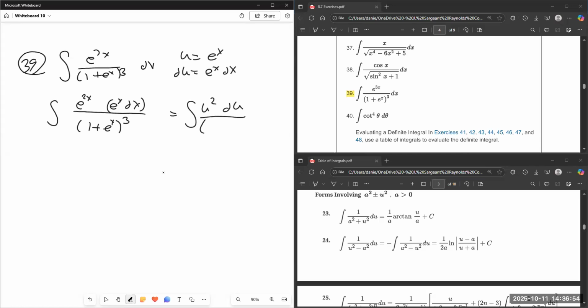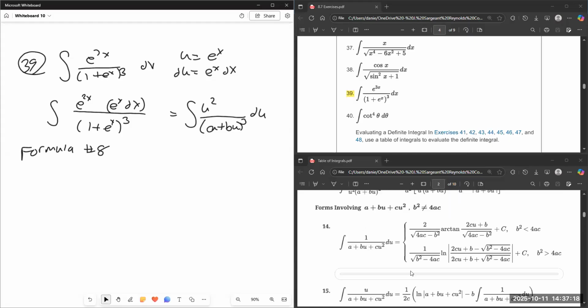over a plus bu to the third, and that is formula number 8 says that. So let's look at formula 8.